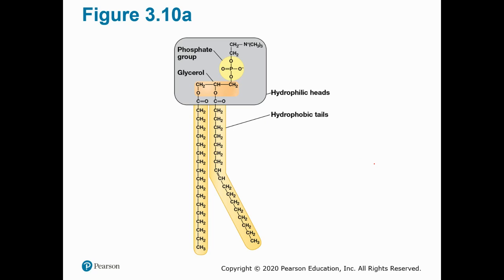So this is what's called a phospholipid. A phospholipid has a phosphate. So again, you've got the glycerol, just like you did before. But instead of having three fatty acids, you've got two fatty acids and a phosphate group.